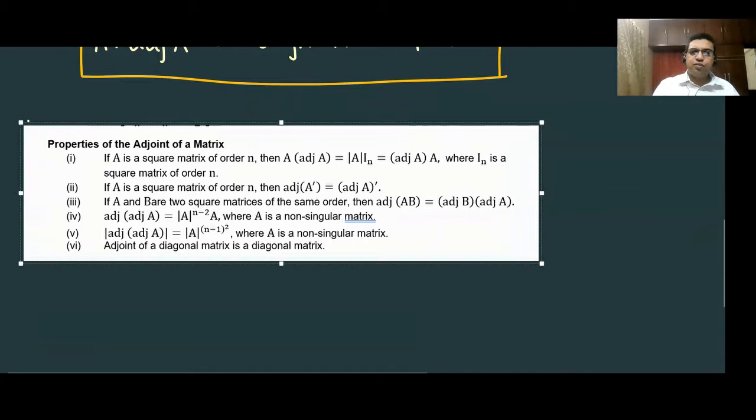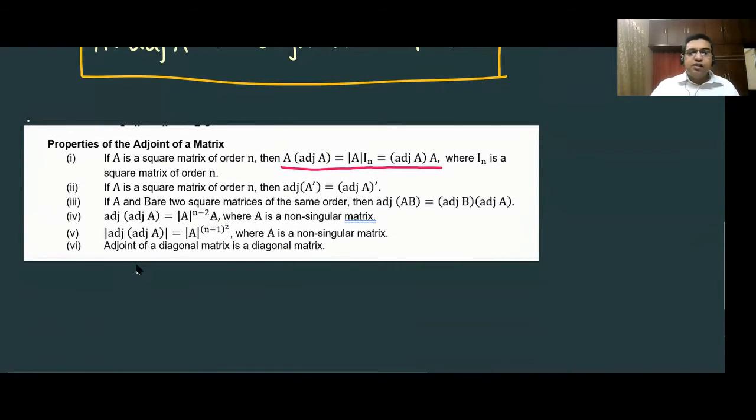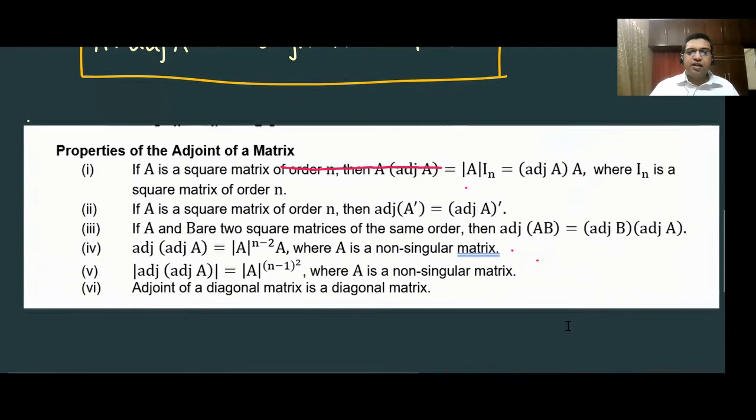So the first one I just now highlighted, A into adjoint A is adjoint A into A, which is determinant of A into In, because n is the order of the square matrix A. Now second property, if A is the square matrix of order n, then adjoint of A transpose, the dash that we are writing is transpose, is same as adjoint A the whole transpose.